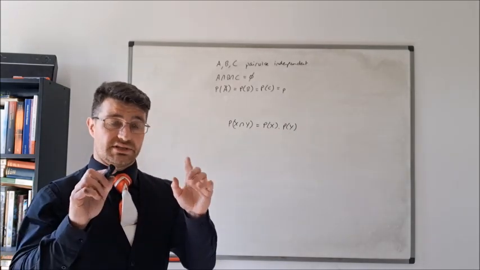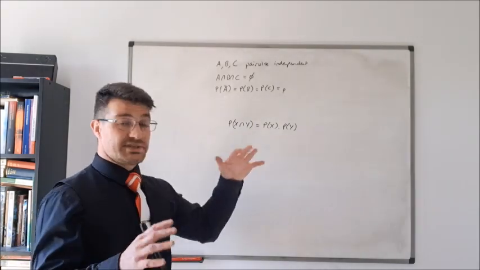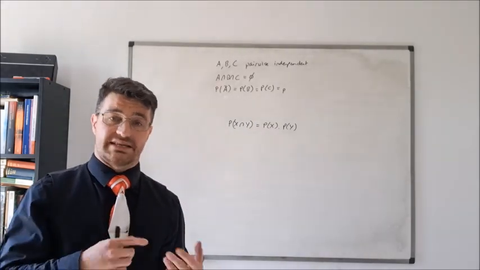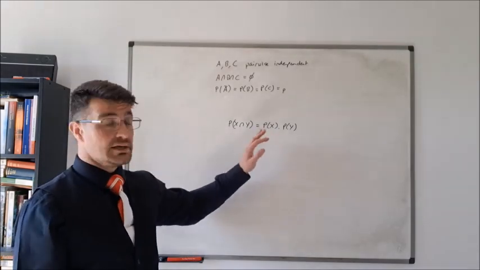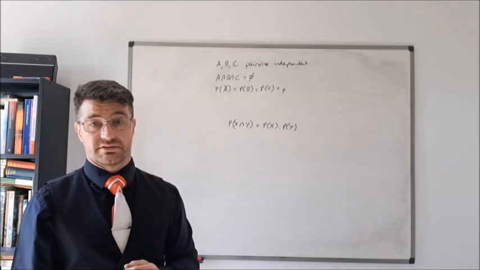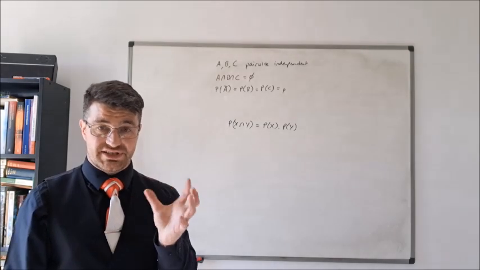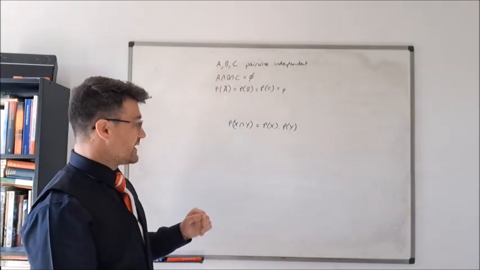They won't necessarily see that this equality holds if and only if the events are statistically independent. So generally speaking, this is not true unless X and Y are statistically independent. Okay, so you've got to have a very precise idea of what is going on here.